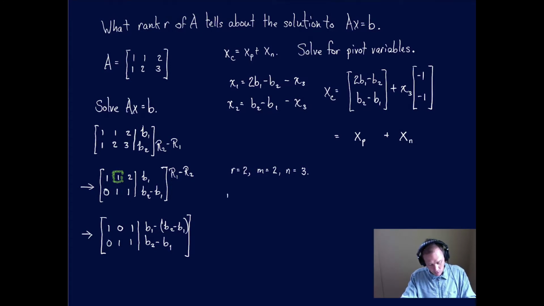First off, when R equals M, which in this case it does because 2 is equal to 2, this is called full row rank. So all of the rows have a pivot in them.